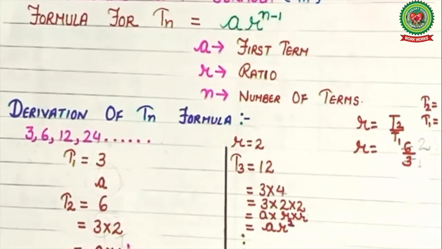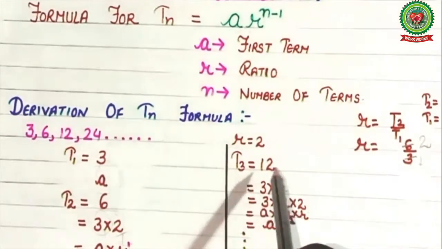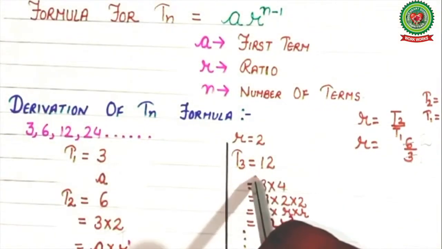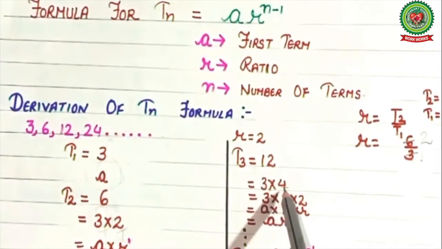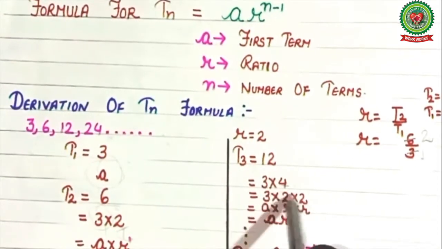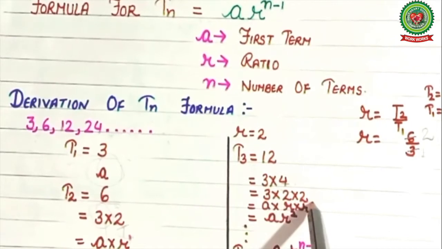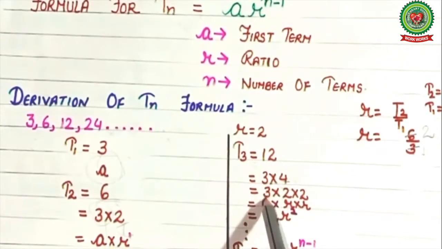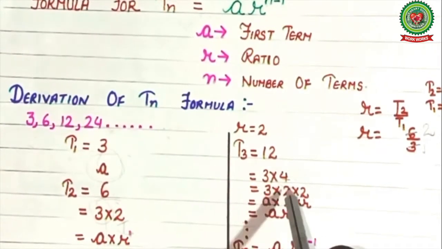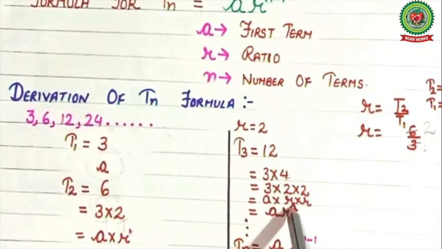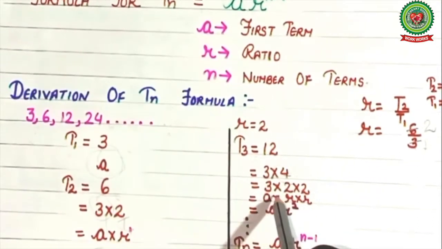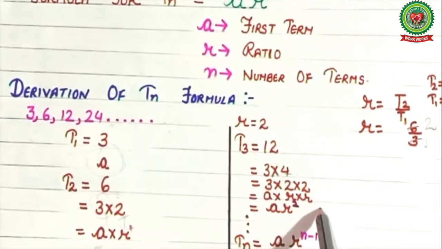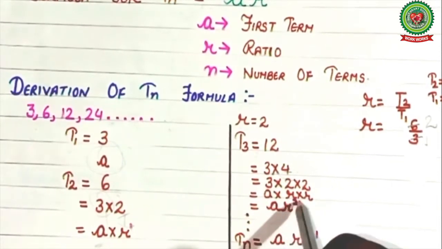That is the ratio, denoted with R. Now come to T3, that is 12. Break 12: 3 into 4. Again break 4. That is 3 into 2 into 2. Here 3 comes one time, so write A only, and 2 comes 2 times, so we will write R into R. So that is A R square.